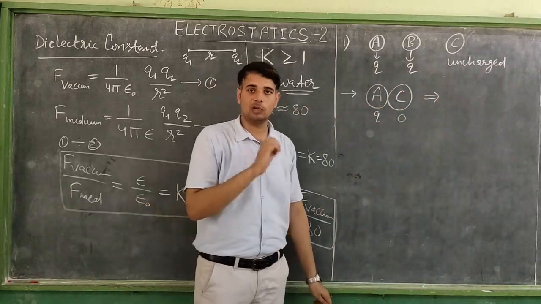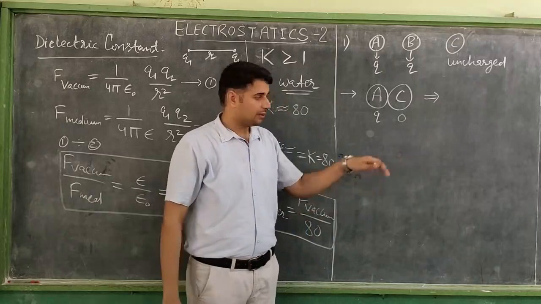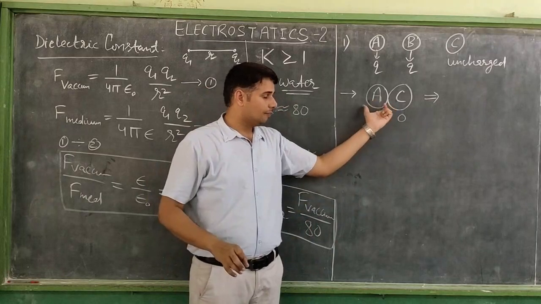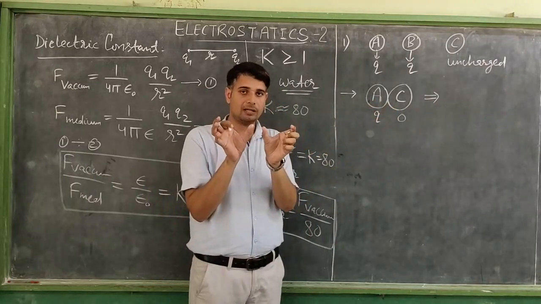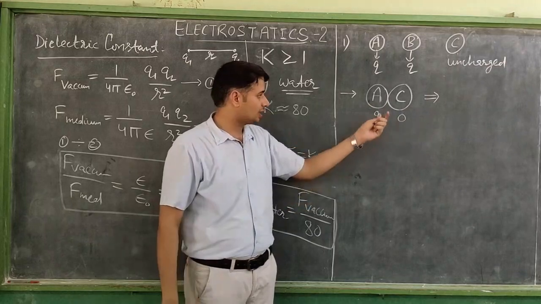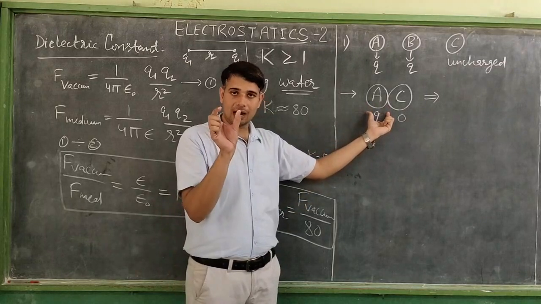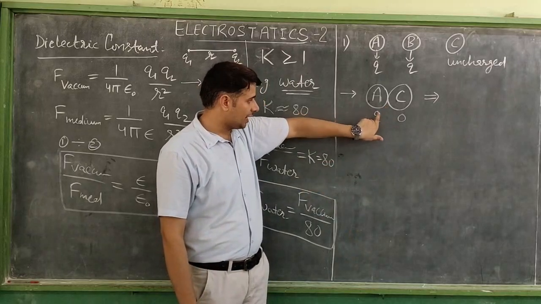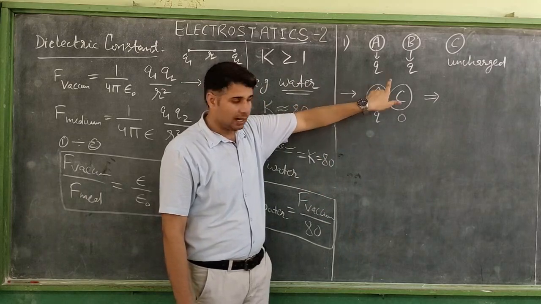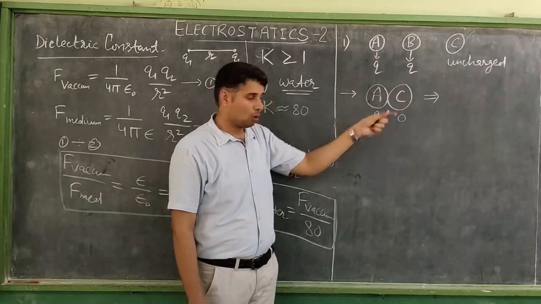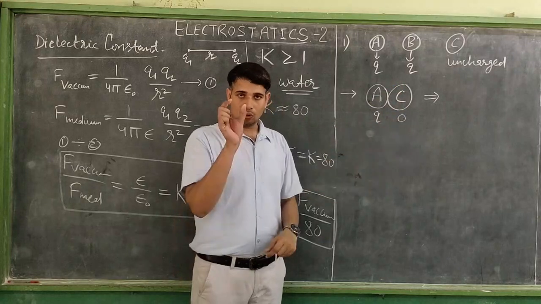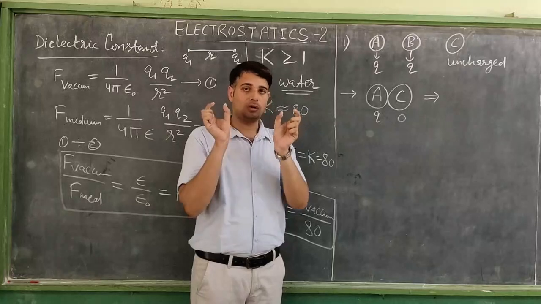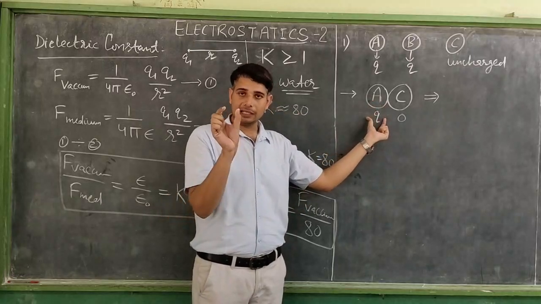This is one of the peculiar properties of any metal or conductor, that whenever we put two or more identical conductors in physical contact with each other, they will share the total charge equally. Initially it is Q for sphere A, 0 for sphere C. So the total charge is Q plus 0, that is Q only. Now when we put them in physical contact, this charge will get equally shared.